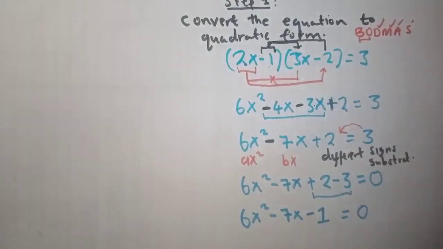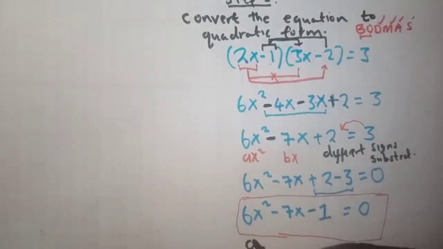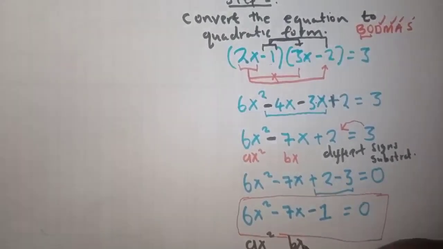Okay, so now at this point, we've arrived, we have converted the equation into quadratic form. So like this, it's in quadratic form. This is ax squared plus bx plus c is equal to 0.